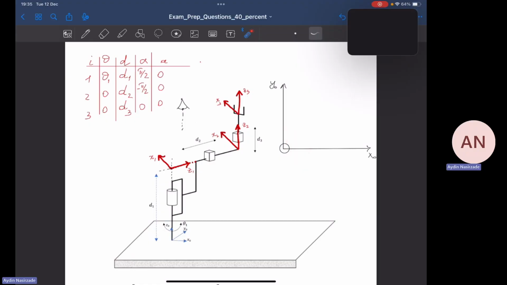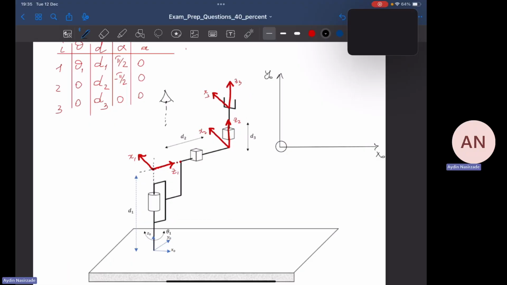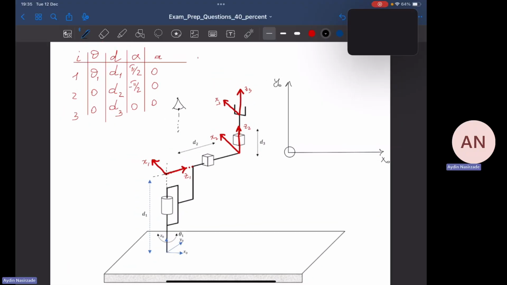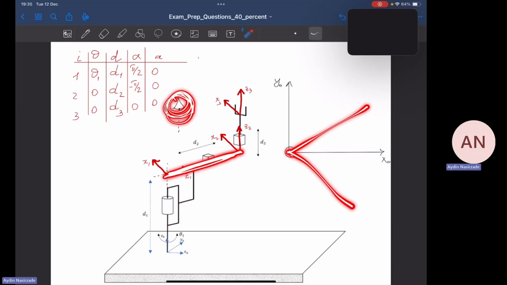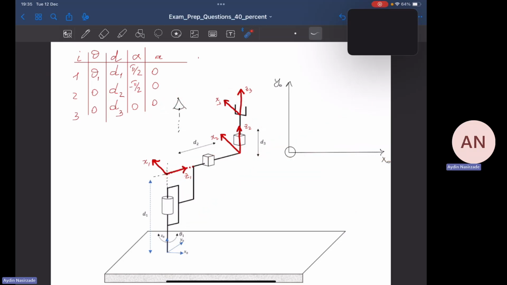Now, the question can arise from the fact that we usually draw this link, which is seen from this eye. Should this link be here or here or somewhere else? This is the trickiest part.